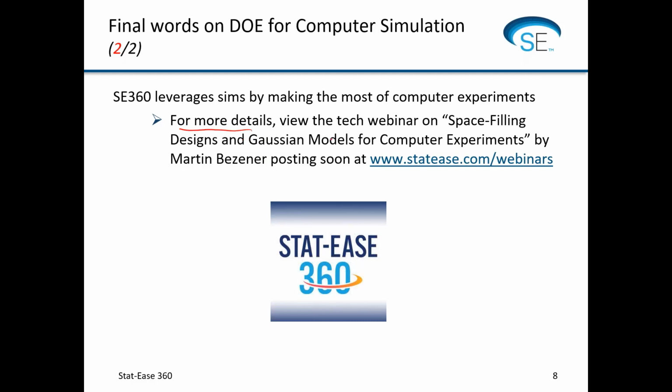For more details on these tools, see the presentation on space filling designs and Gaussian process models for computer experiments by Martin Bezener, who's our president and PhD statistician, which we'll be posting soon at this site. In fact, he's giving it this morning at the same time I'm giving this presentation, but it'll be posted soon, and I would highly recommend bringing up that presentation in recorded format if you're interested.